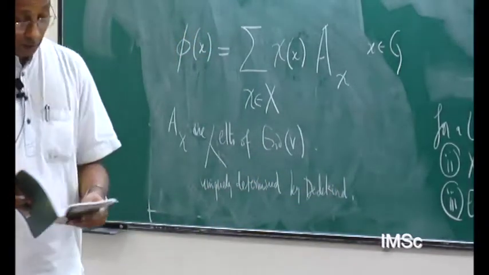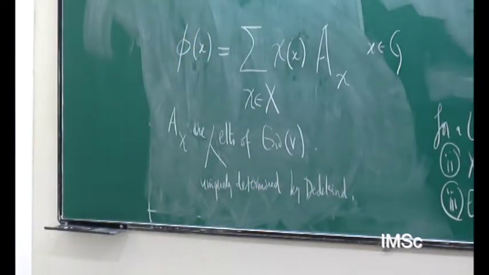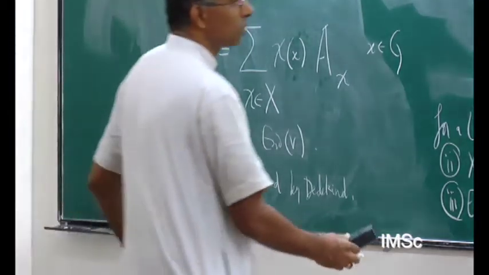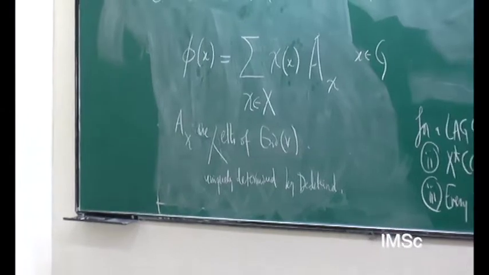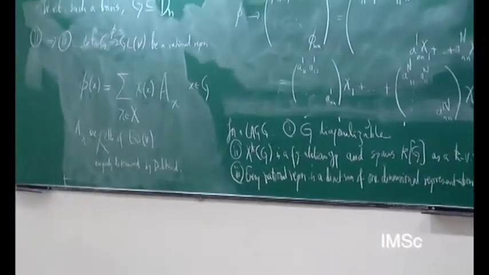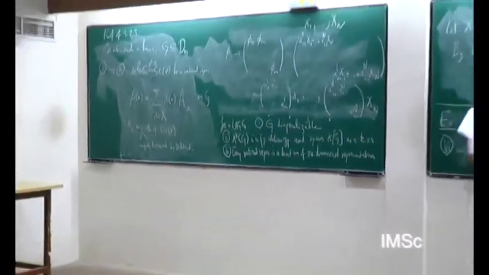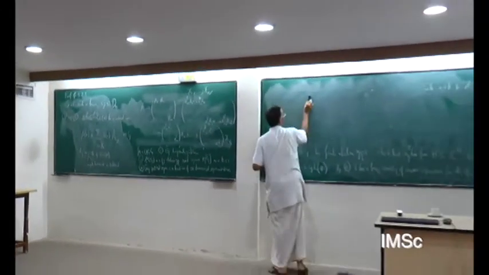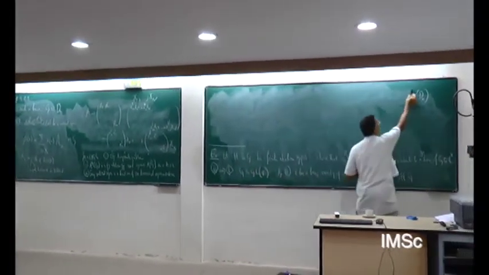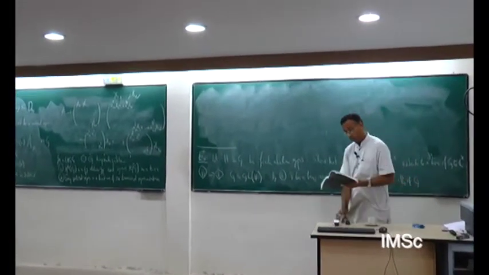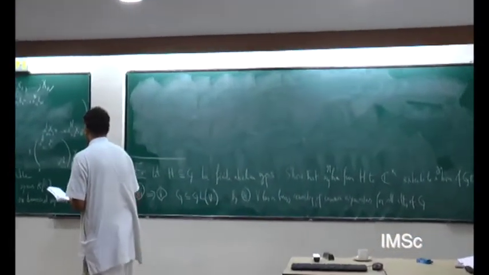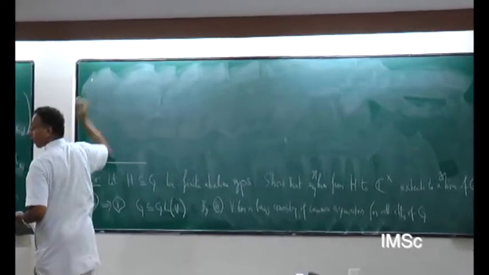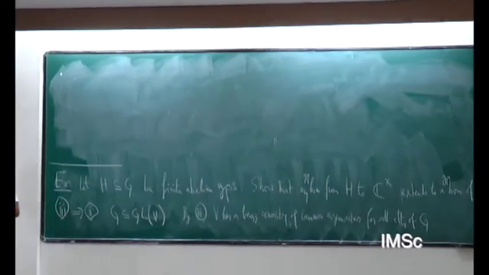Okay. Now, here are some comments he makes. Now these should be clear from the properties of these A chi's.